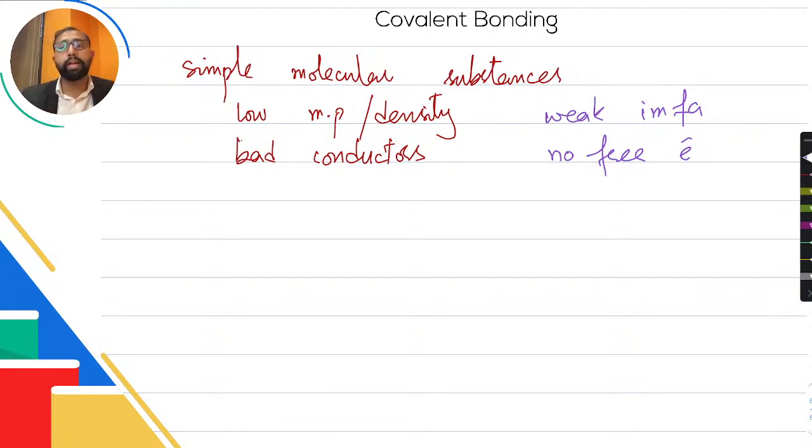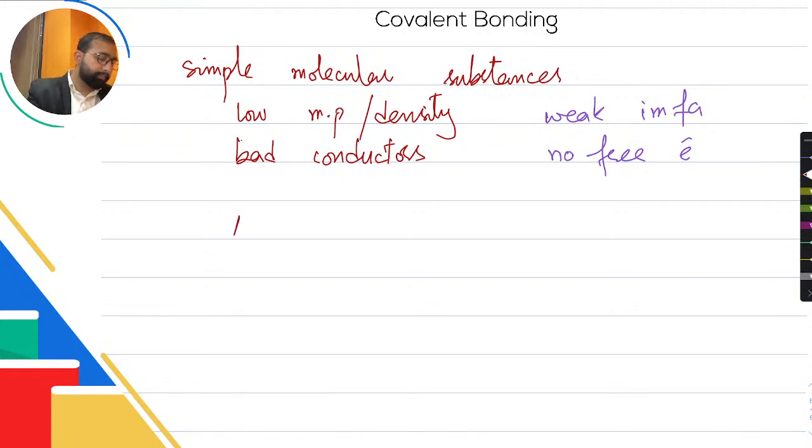But just know that intermolecular force of attraction is generally weaker compared to ionic bond, metallic bond that we have seen before, which is why their physical properties are going to be just like this one. Now, there is a class of covalent substances that does conduct if they're impure, and that we call acids.